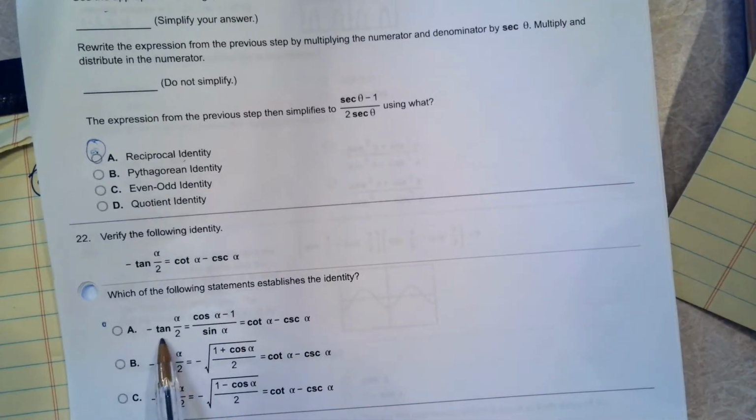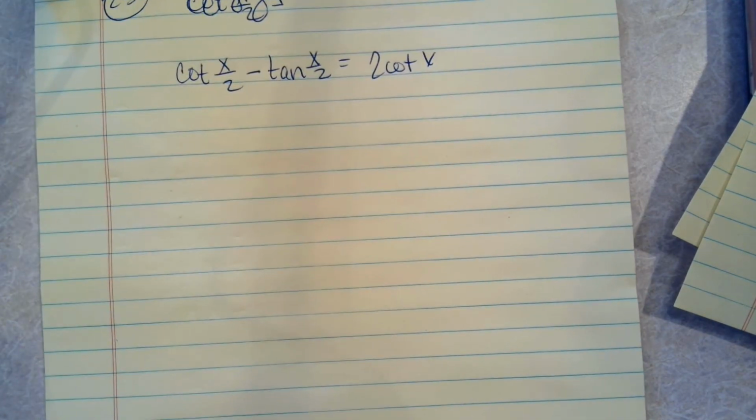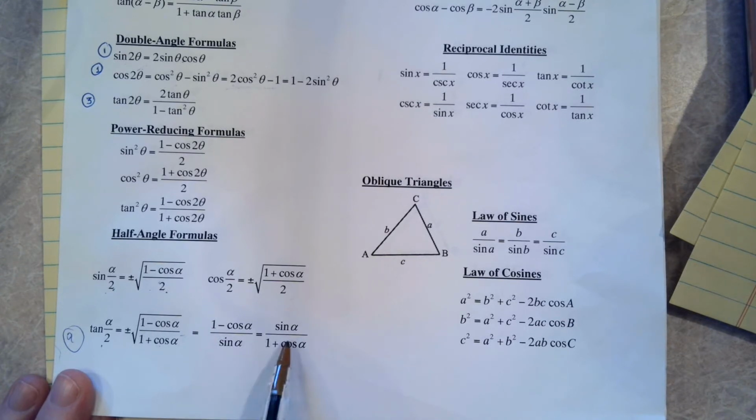Okay, question 23 says verify the following identity. Cotangent of x over 2 minus the tangent of x over 2 equals 2 cotangent x. So I've written it over here on my yellow paper, and I know that the cotangent is the reciprocal of the tangent. So I'm going to go down here to the tangent half-angle formula, and I'm going to pick one of these, but I'm going to have to flip it because I'm dealing with cotangent.